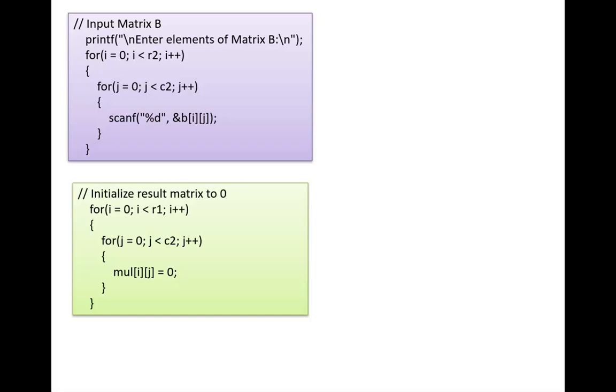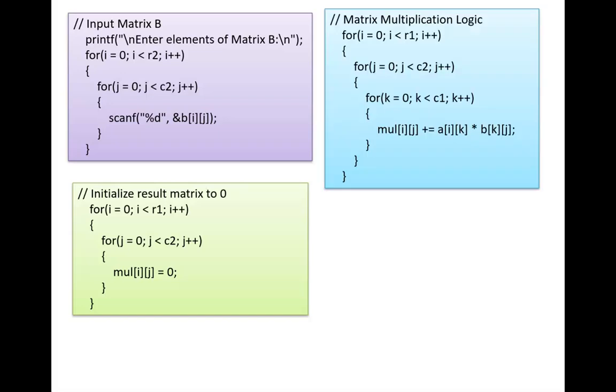Right. So before multiplying, I initialize my multiply to 0. Okay. So we have already seen why I initialize to 0. Please look into the previous examples. Done. Coming to the core part of matrix multiplication logic, you will find 3 loops here.